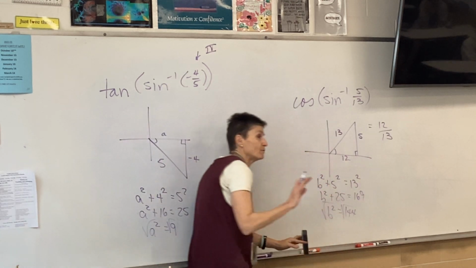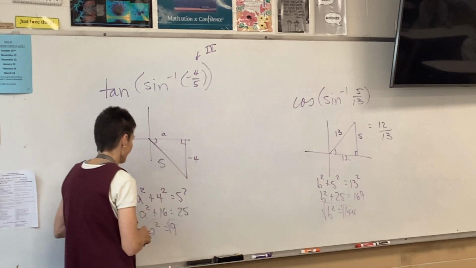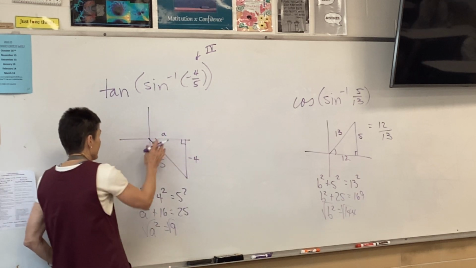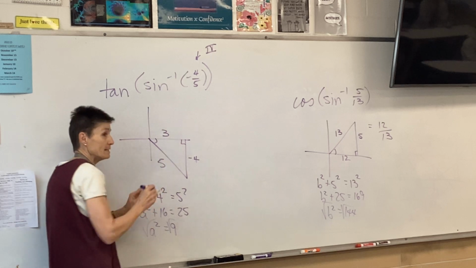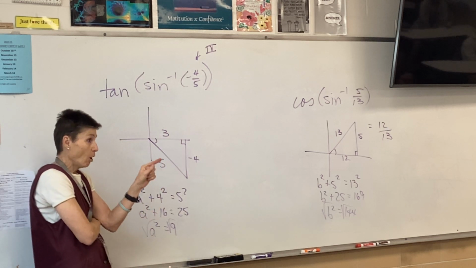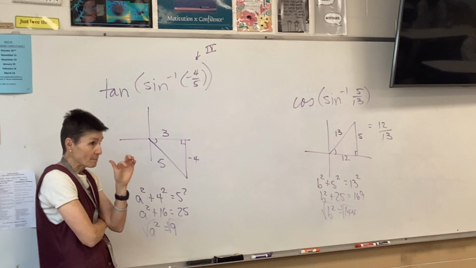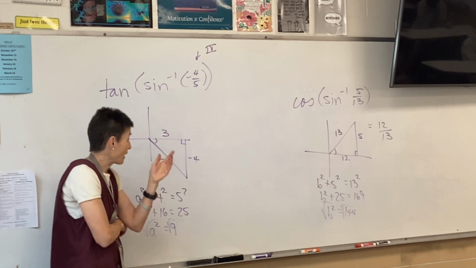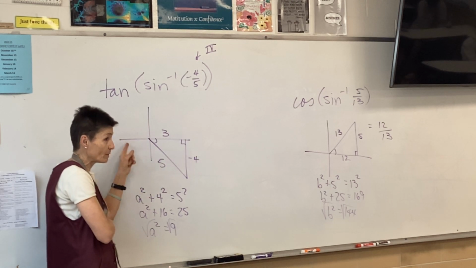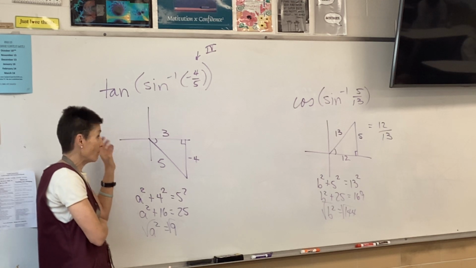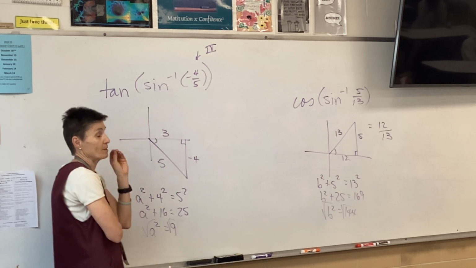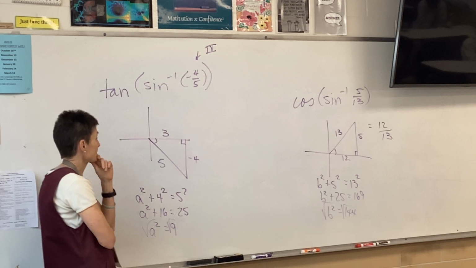That way, no confusion. So I'm gonna put a 3 here. Now, like always, you have to be careful. Sometimes that 3 might be negative. If I were over here, that 3 would be negative, right? So pay attention to where you're putting that 3. It's positive in this case.